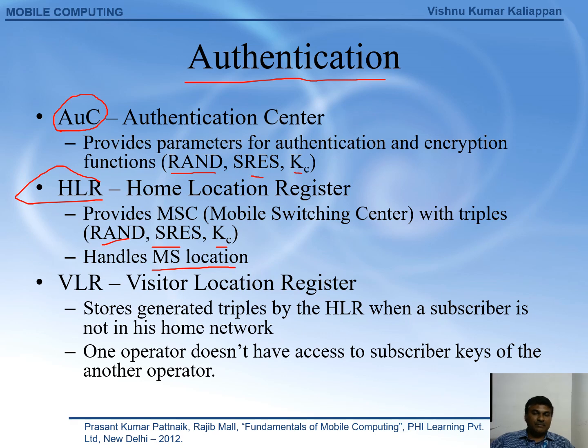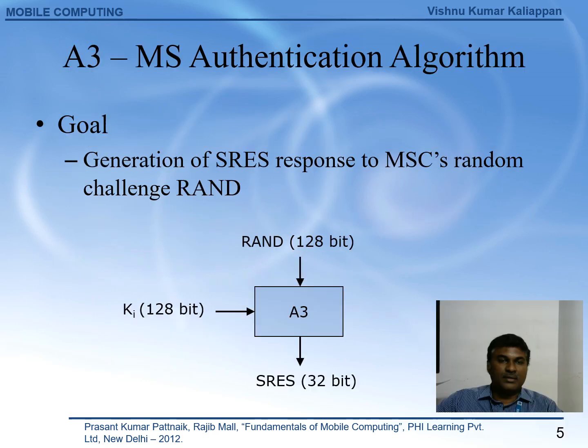We have briefly discussed the MSC, HLR and AuC while discussing the GSM architecture. The VLR stores the location of visitors: when a subscriber moves away from the home location, the VLR updates all the details about the subscribers. We have already seen that before.